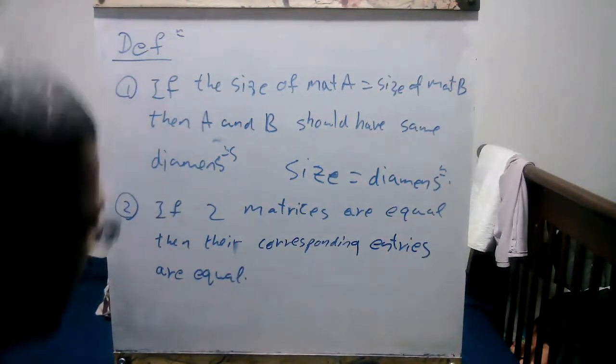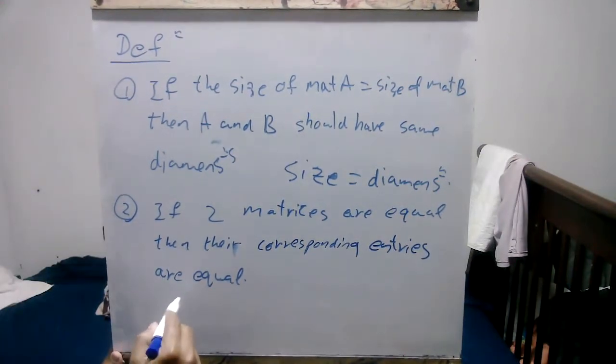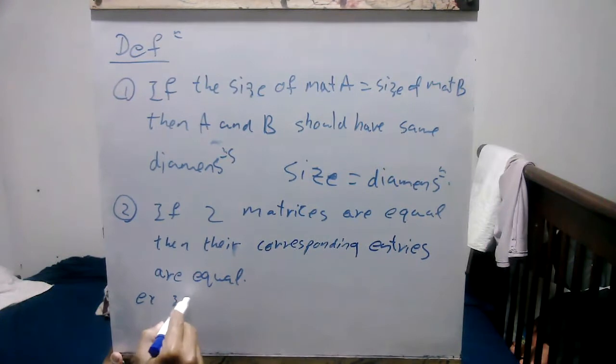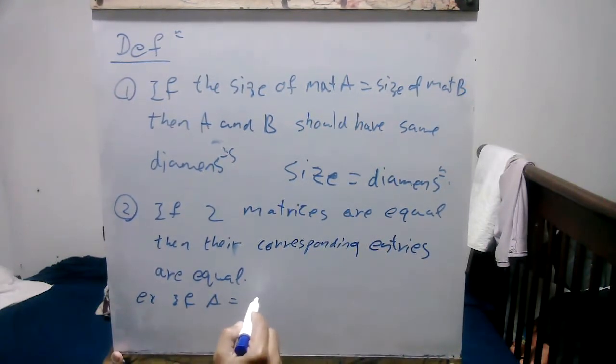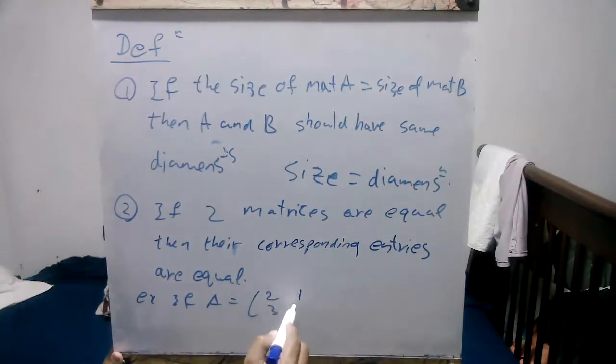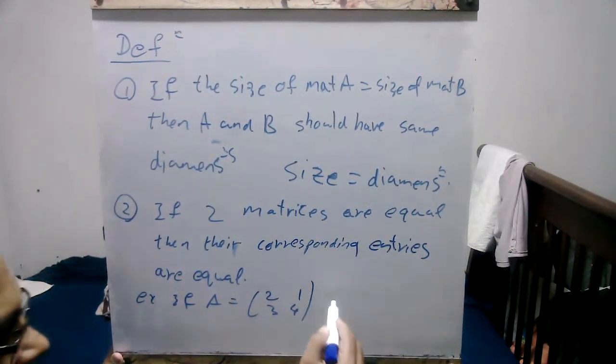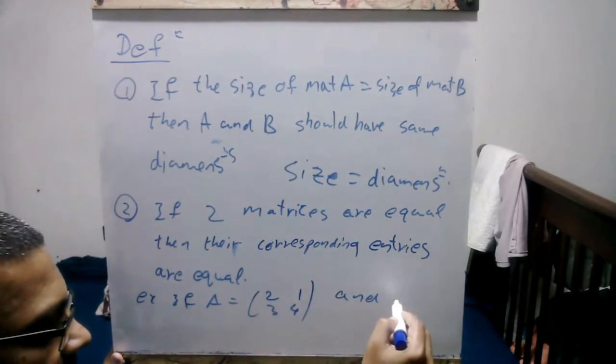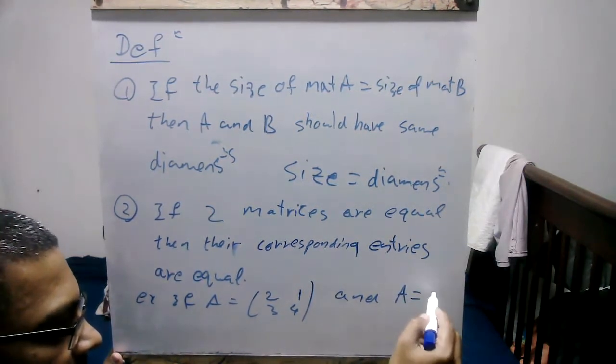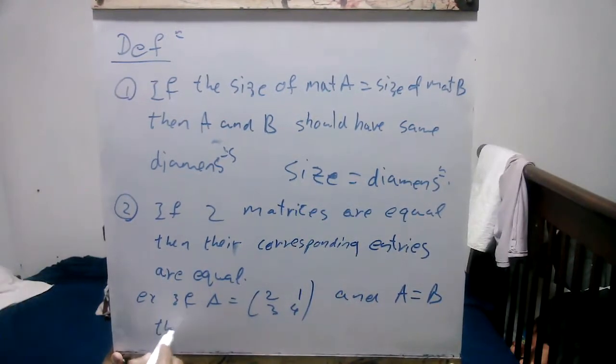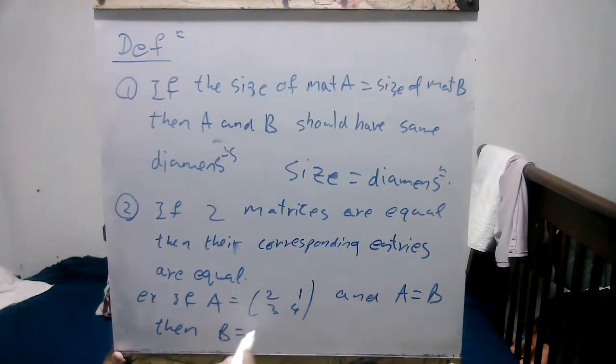I'll give you a simple example. If A equals 2 1 3 4, and if A equals B, then B also should have the same elements and same size, 2 1 3 4.